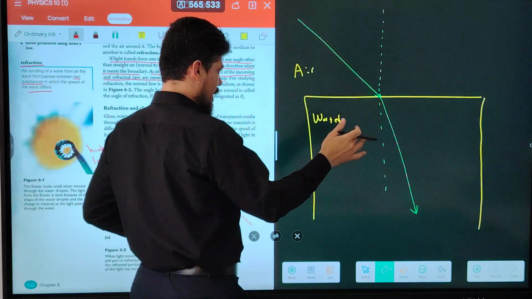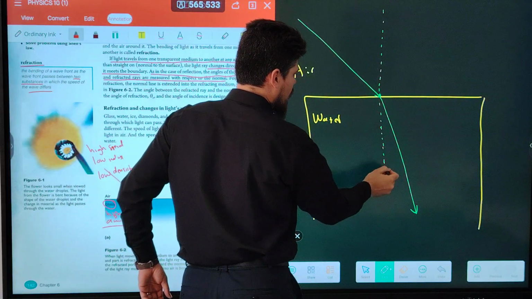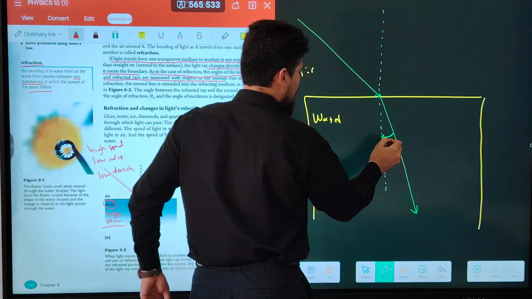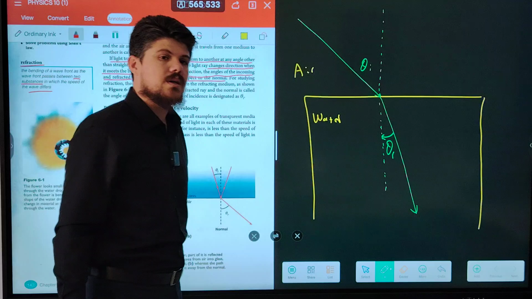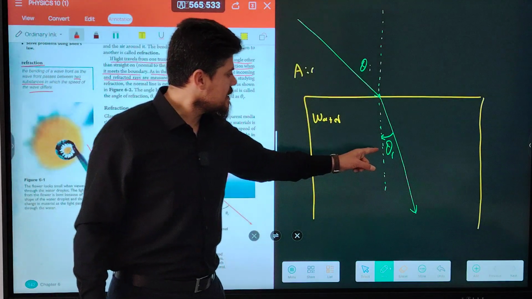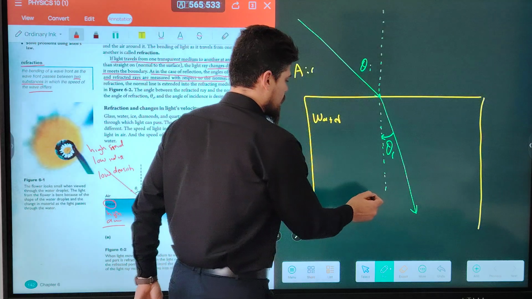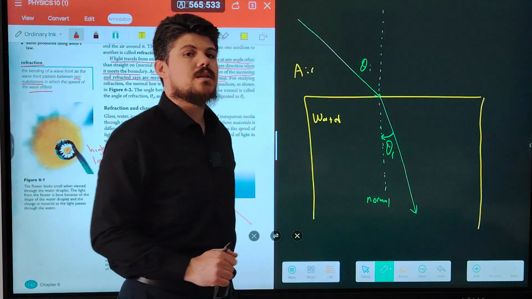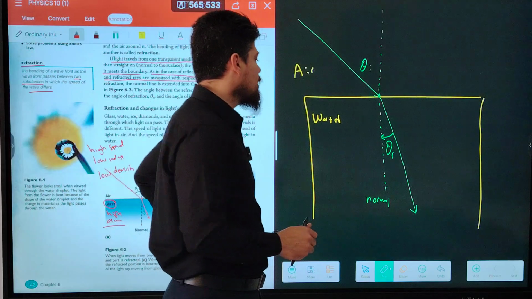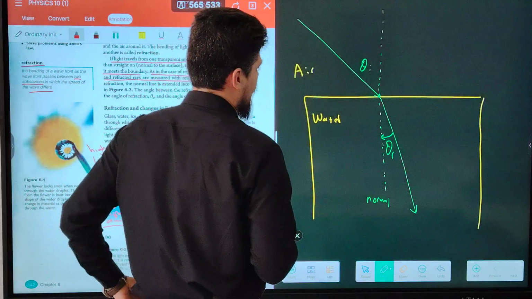From low density to high density, it bends toward the normal. Okay? So this angle is called the angle of refraction, and this angle is the angle of incidence. What is the angle between the refracted ray and the normal? It is the angle of refraction, theta sub r. What do you mean by theta sub r? Theta sub r is the angle of refraction.